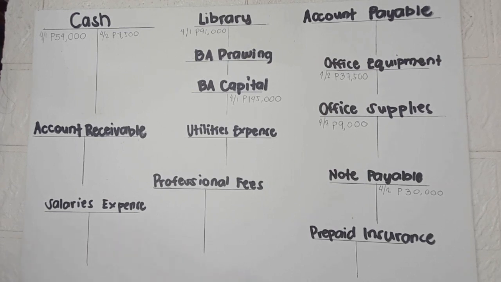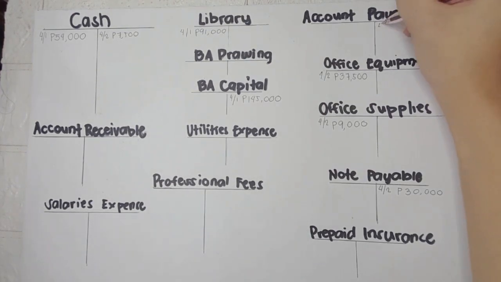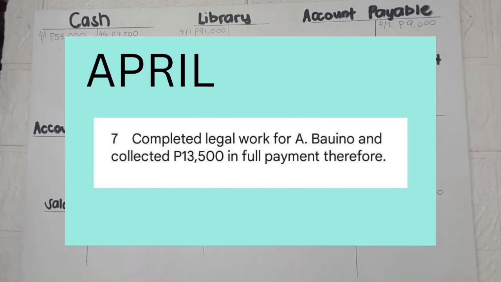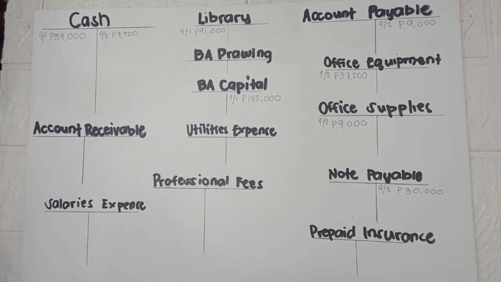So the 9,000 will be on the credit side. On April 7, completed legal work for B.A. Aquino and collected 13,500 in full payment therefor. For April 7, the 13,500 will be cash and it is on the debit side. And the other account title will be professional fees, so on the credit side.